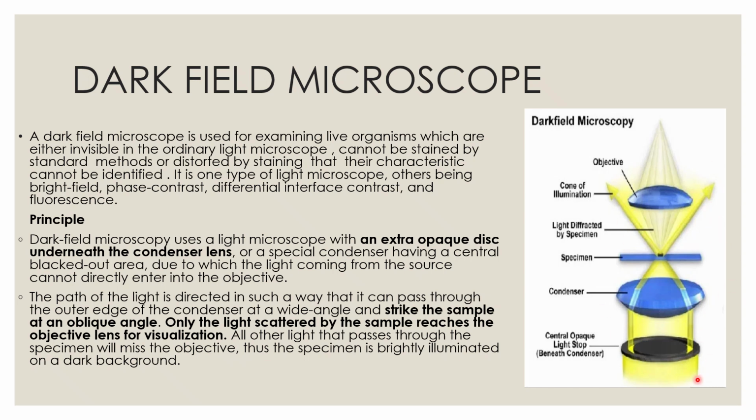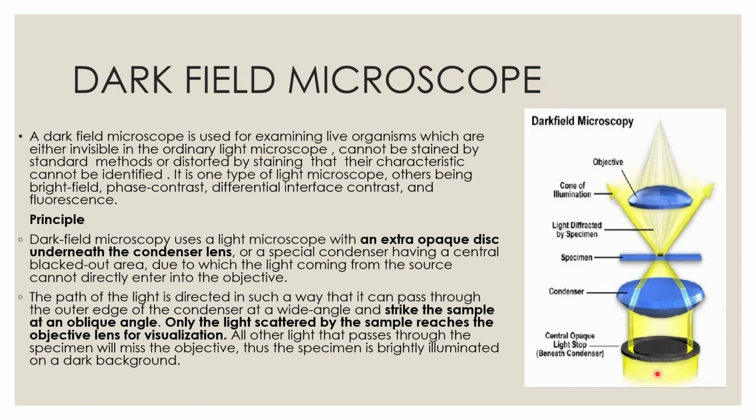But it has an extra component which is called the opaque disc. Rest all are the same. There will be a light source, condenser, specimen, and objective. Everything is similar to a bright field microscope, but the additional component is this central opaque disc. This changes the principle of the microscope.